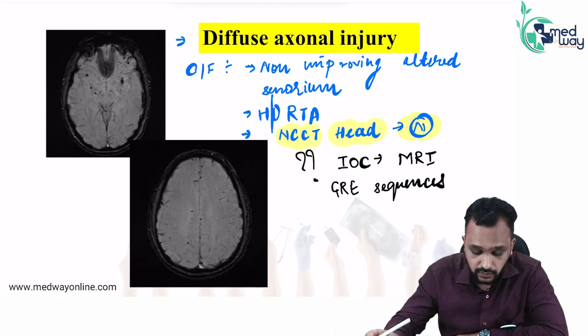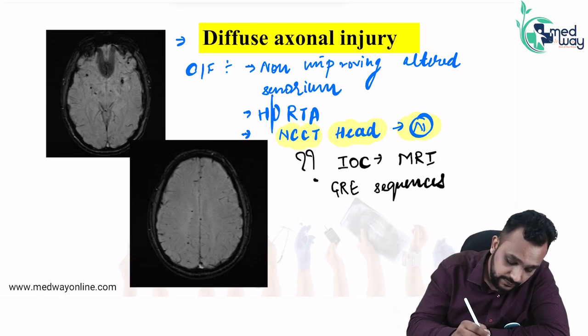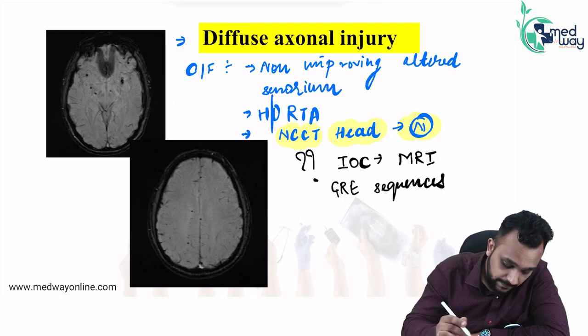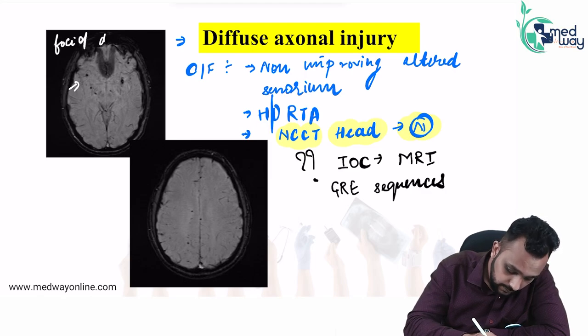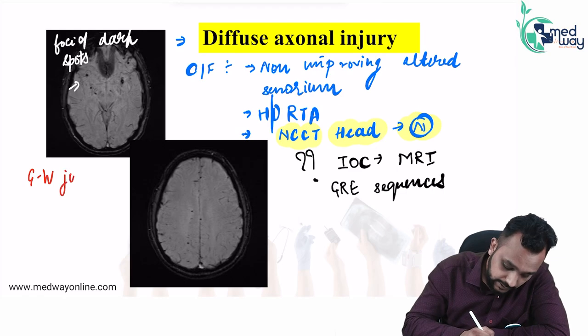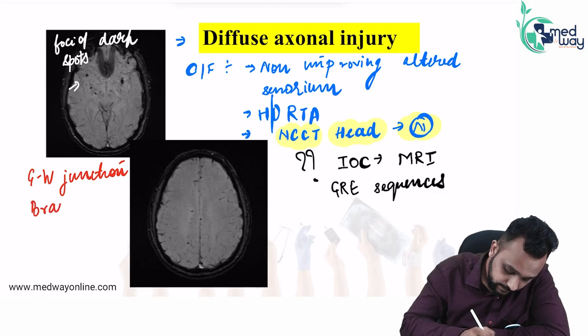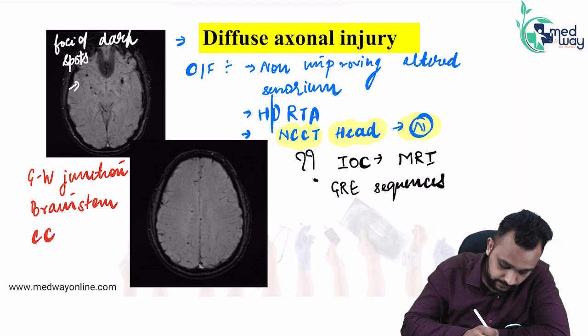So what you will see on the gradient echo images, there will be foci of dark spots, and these foci of dark spots can be seen in regions of gray white matter junction. They can be seen in brainstem, in corpus callosum.